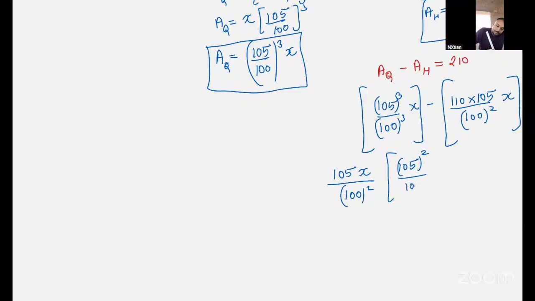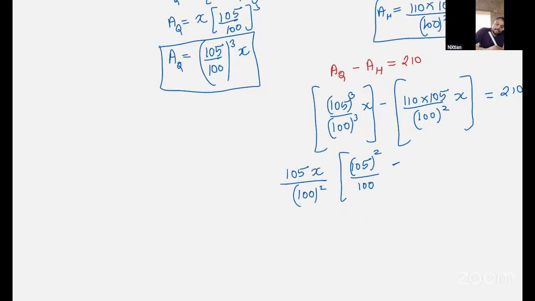So like this. Did you understand? And in the second bracket, what is left behind? Yes, Christiana, 10. And in the denominator, nothing is there, because 100 power 2 is out, so I'll write 1.